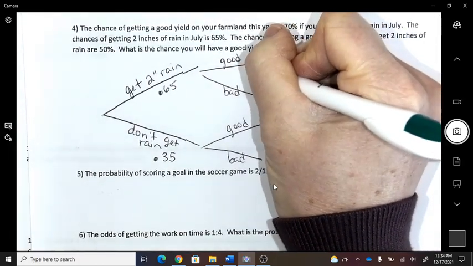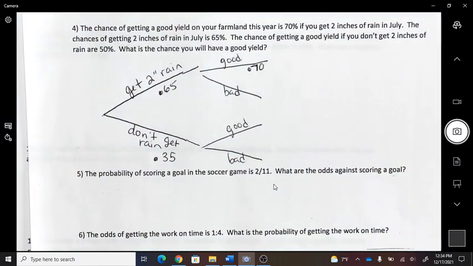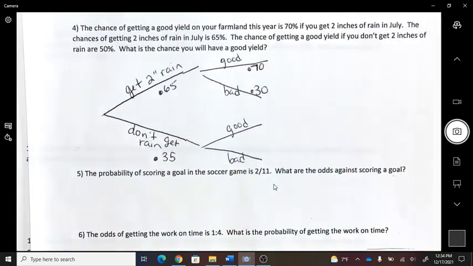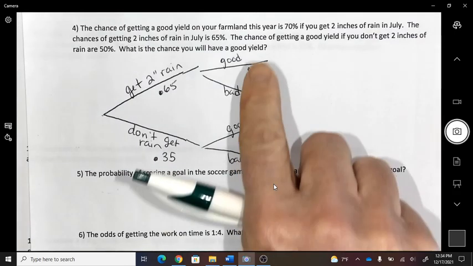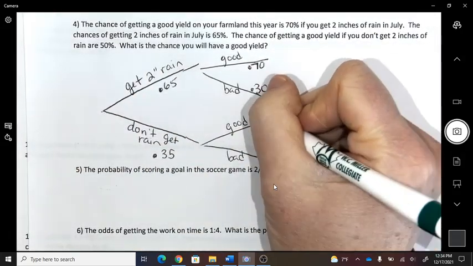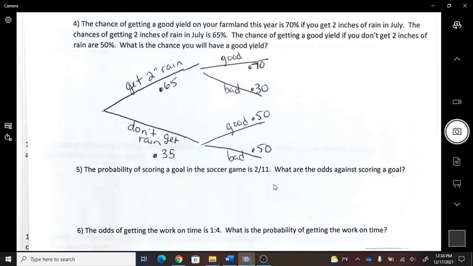So, a 70% chance, which leaves 30. Okay, if you don't get rain, the chance of getting a good yield is 50%. So that's a 0.5, then that's also a 0.5.